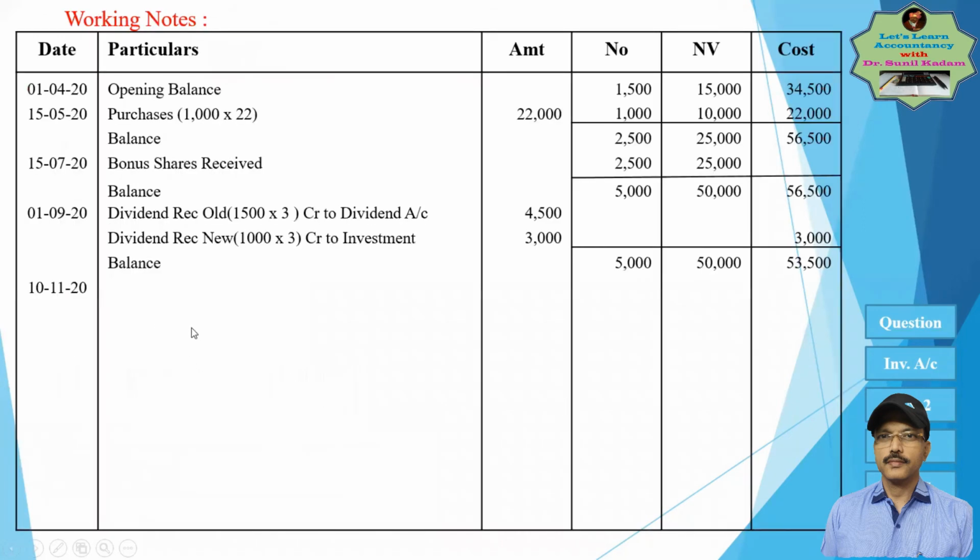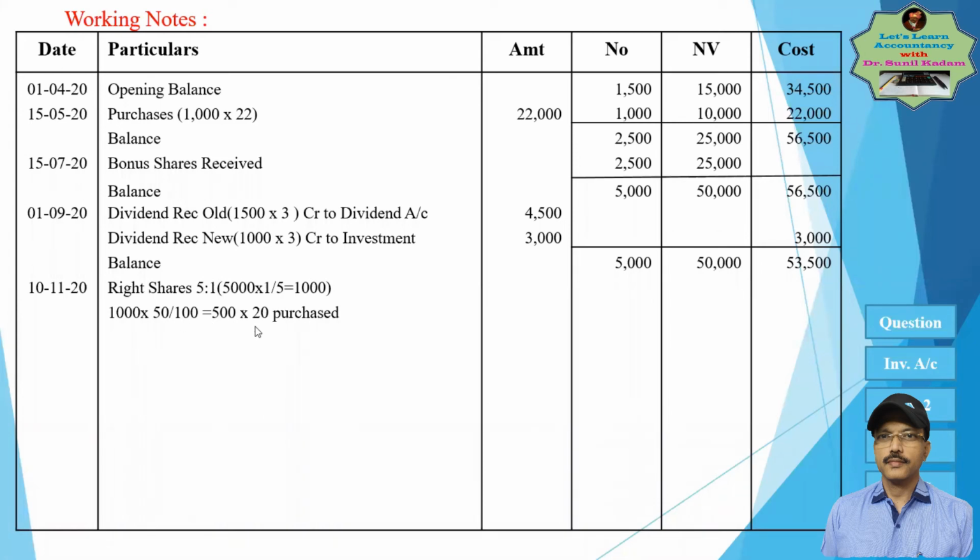Right issue 5:1, 5,000 into 1 upon 5 is 1,000, out of which 1,000 into 50 upon 100 is 500. Why? Because 50%.